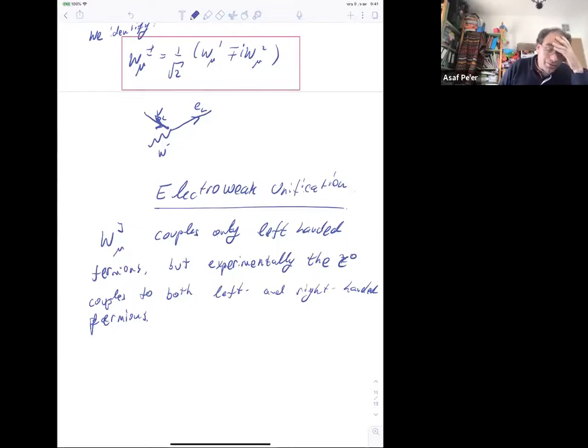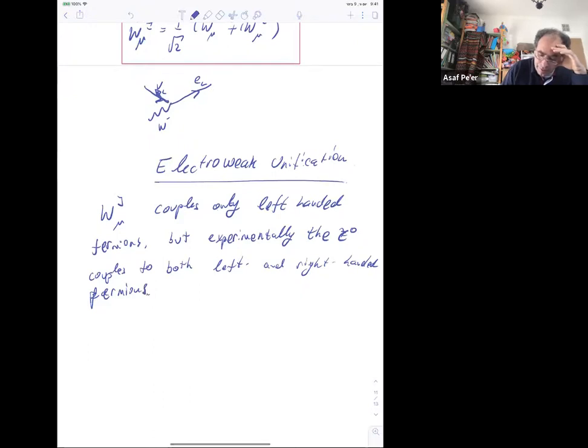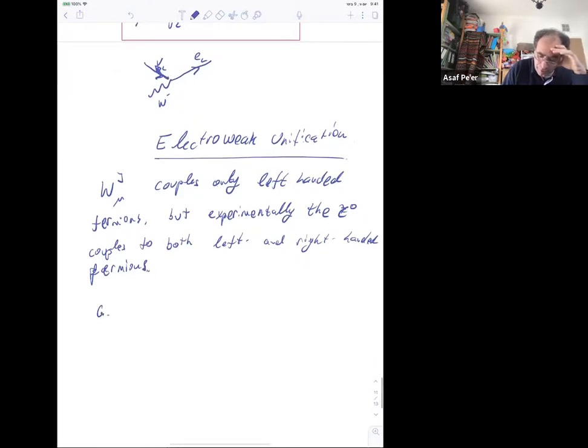So it was Glashow that had a suggestion to solve this problem. Now, what was Glashow's suggestion? This goes back to 61, so I'm sure this model was in 61.